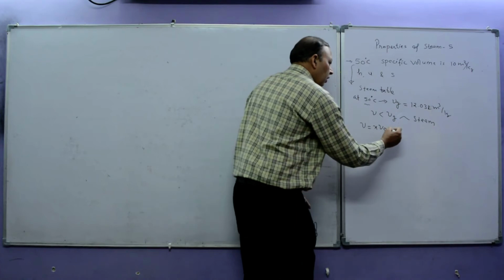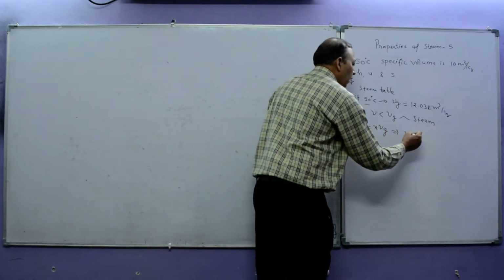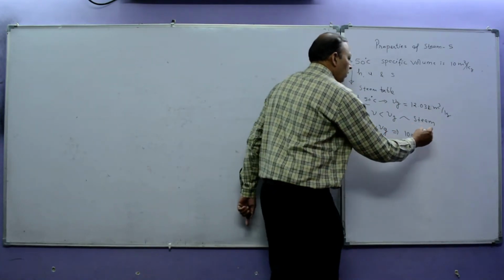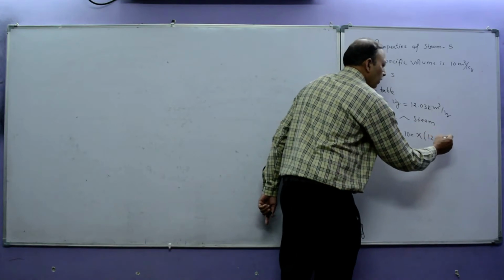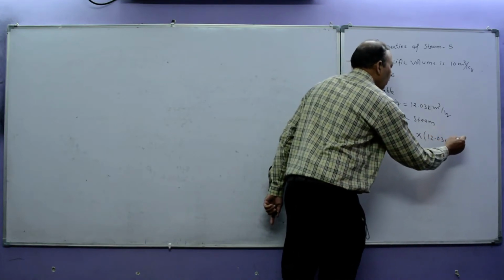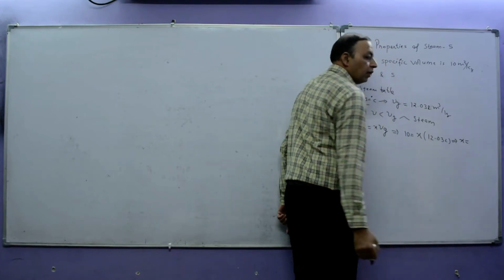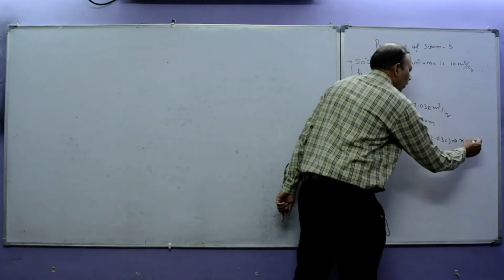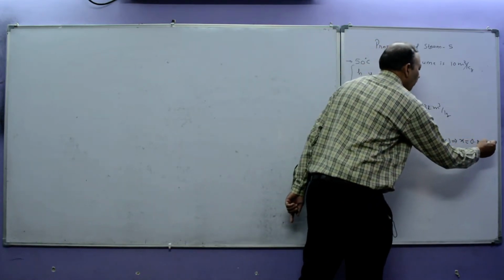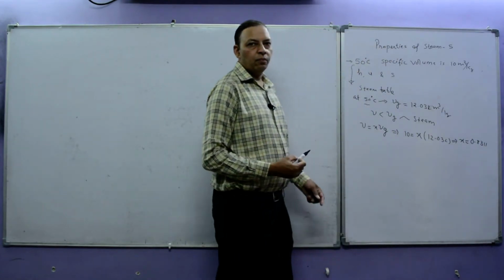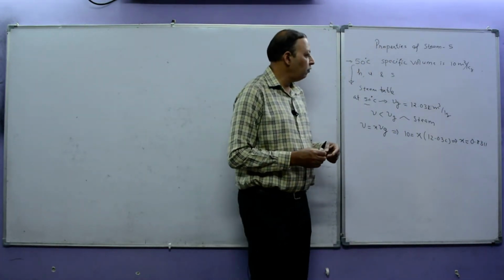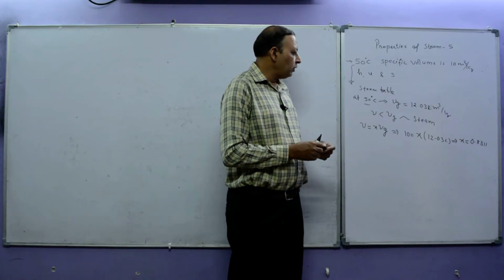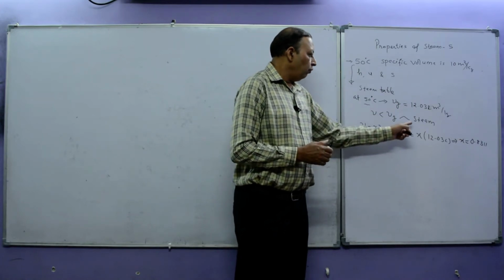So here 10 equals x into 12.032. After calculation you will get the value of x as 0.8311.